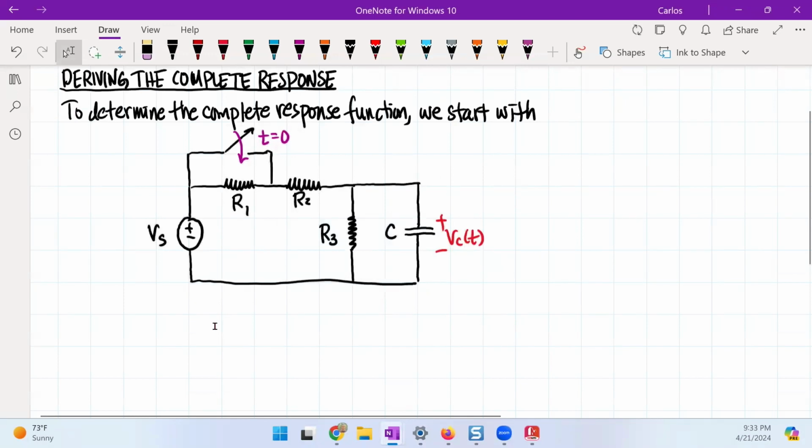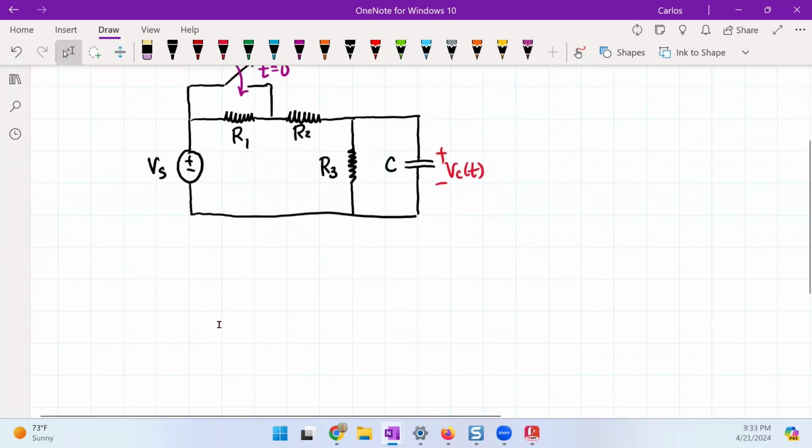In the previous lecture, we said that there was going to be a series of circuits that we had to solve. So let's go through that. The first thing that we need is to look at circuit number 1.